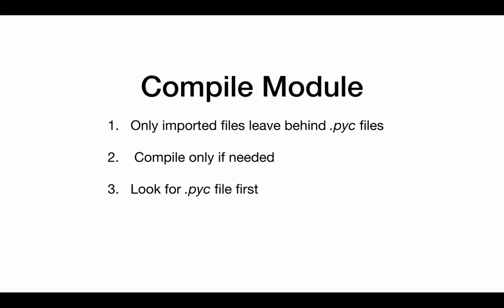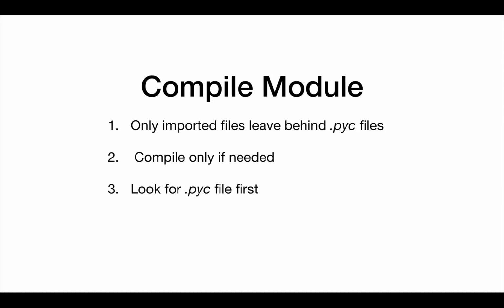Now, if you made a change to the .py file, there is a timestamp that will differ between the time the .pyc file was created and the time the .py file was updated. So Python checks for that as well. In that case, the file is compiled again.